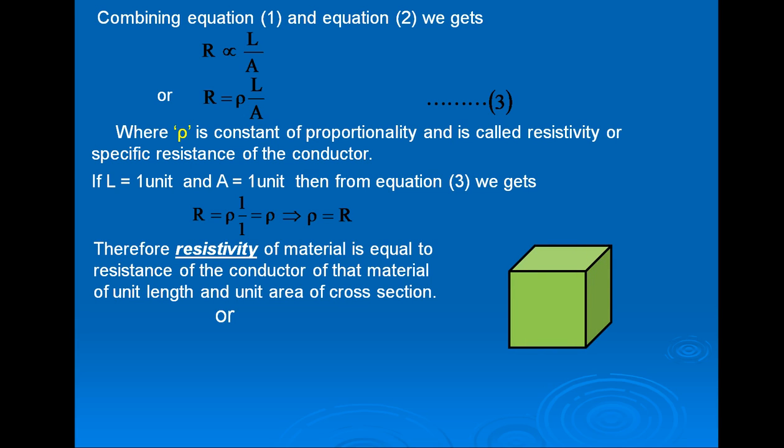Or consider a cube of side 1 unit. Therefore, the area of any face is also equal to 1 unit, as 1 into 1 is equal to 1, and if current I is flowing normal to any face, then the resistance of the cube is equal to the resistance of the conductor of length 1 unit and area of cross section 1 unit.